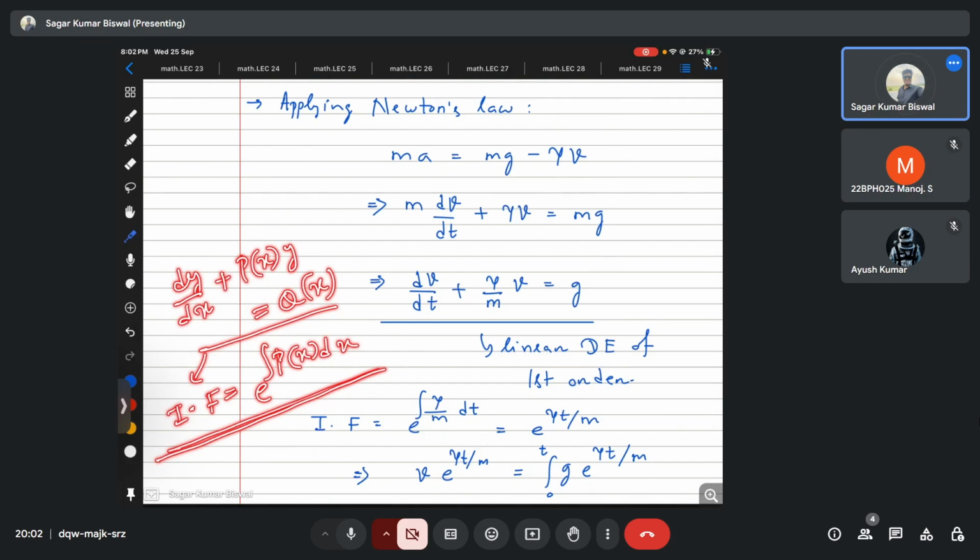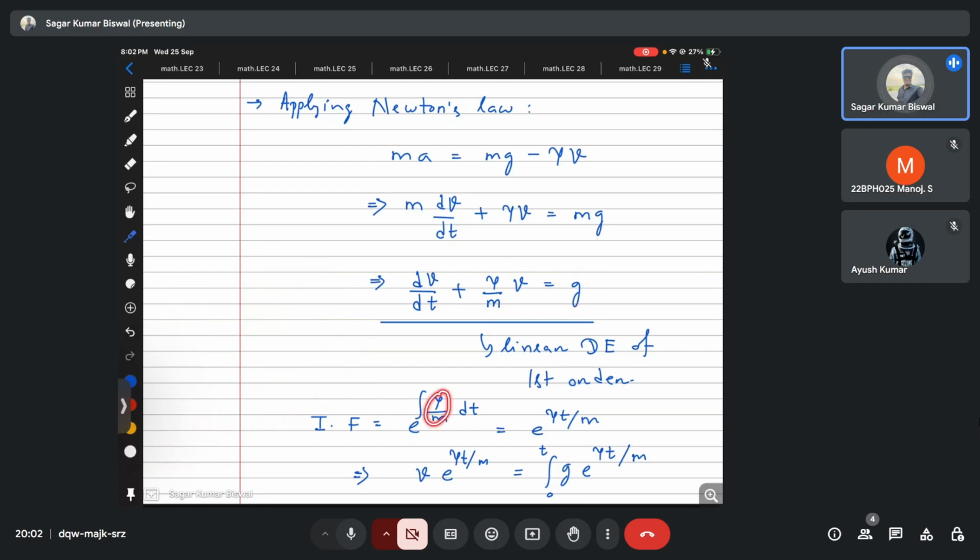So here, what will be the integrating factor? What is p(x)? p(x) is just gamma by m, and q(x) is just g, right? So here this is gamma by m dt, and the integrating factor will be e to the power gamma t by m. Then what will be the solution?